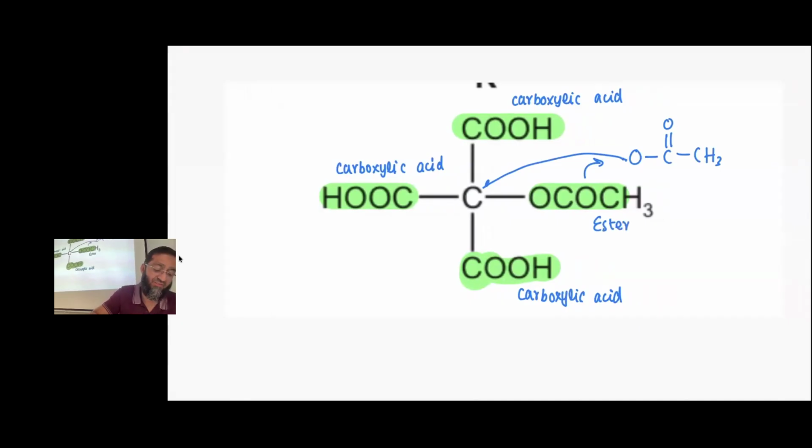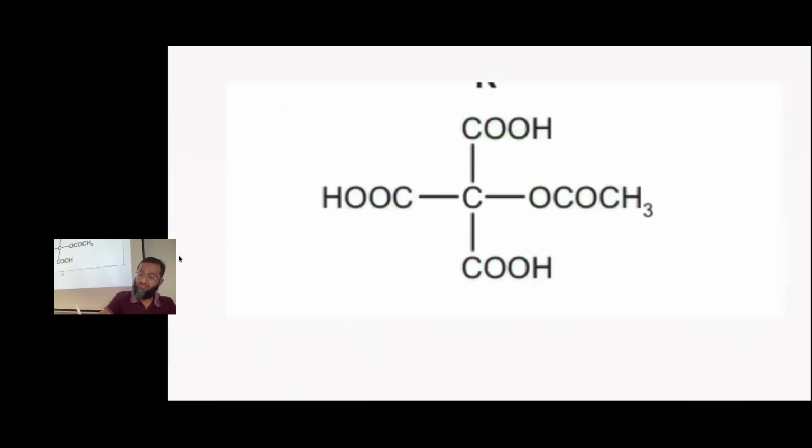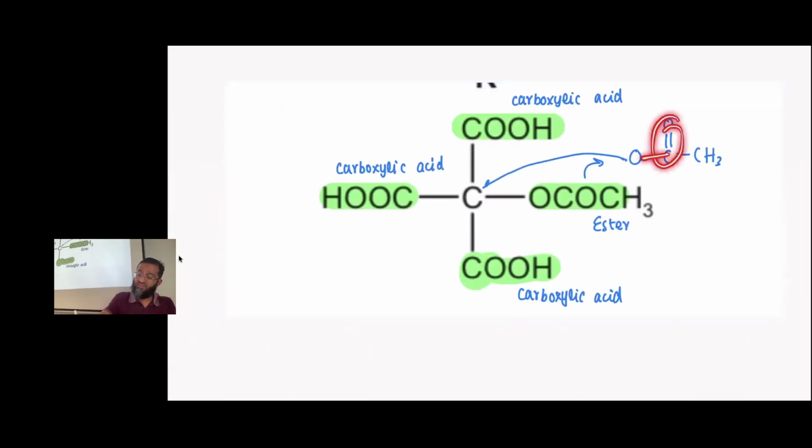So ester is the one in which the students find the most difficulty to identify. Yes. See the C double bond O, and that is bonded to O.